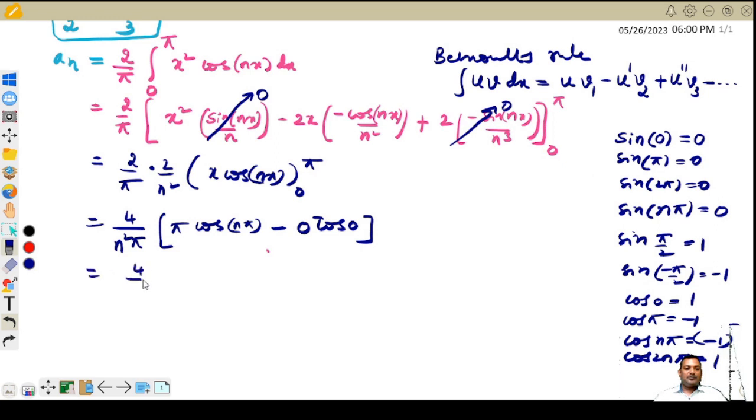So this is 4 by n square pi into pi, cos n pi is minus 1 whole raised to n, and 0 into cos 0 is 0, and pi gets cancelled. So what is remaining is 4 by n square into minus 1 whole raised to n, which is the value of an, students.